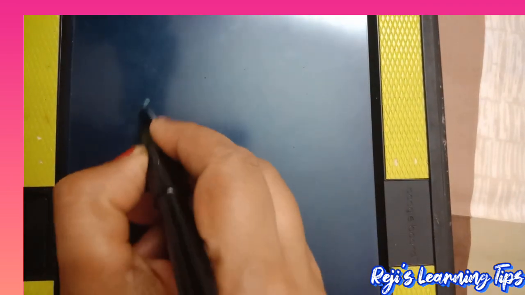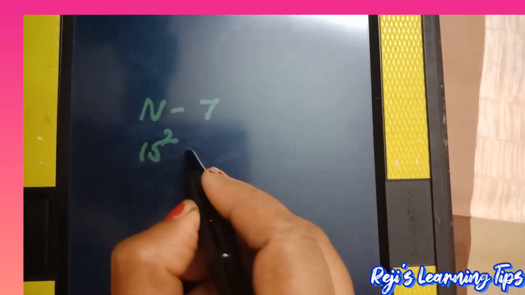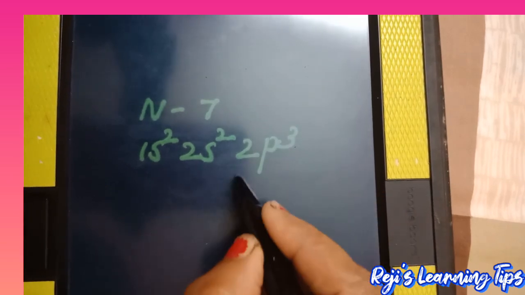In the case of nitrogen, its atomic number is 7, so its electronic configuration is 1s2, 2s2, 2p3.